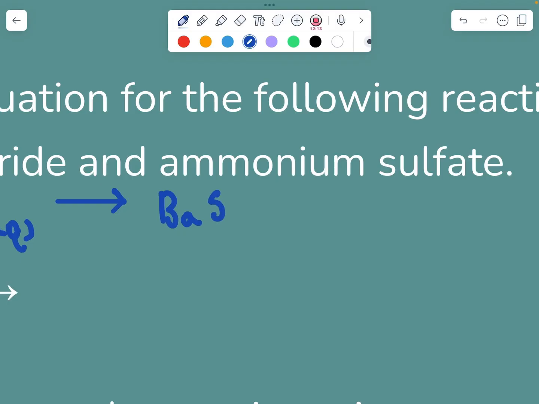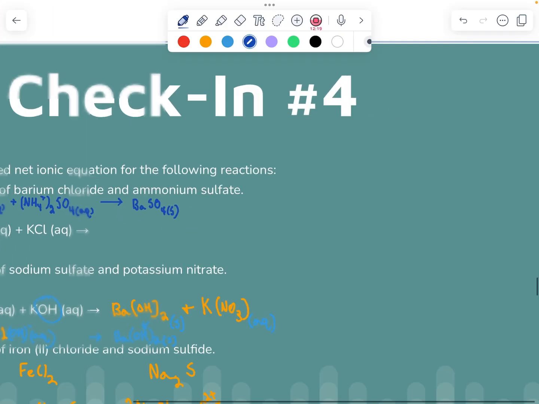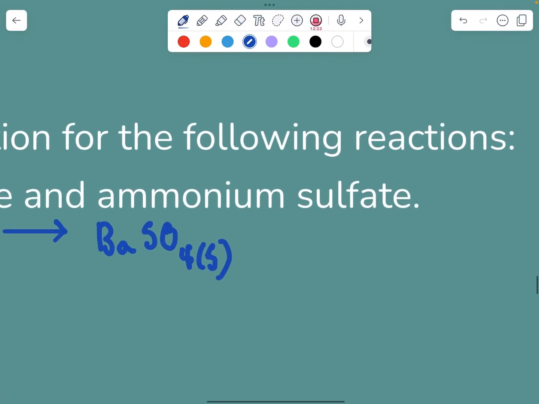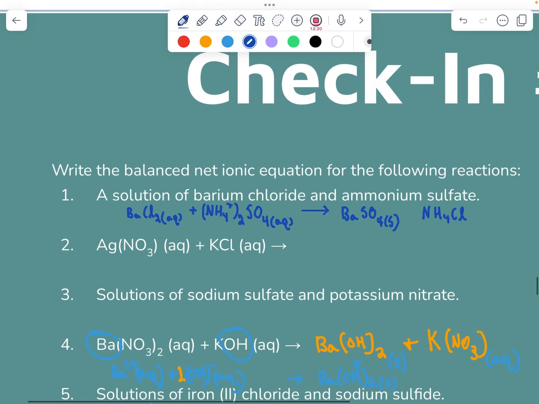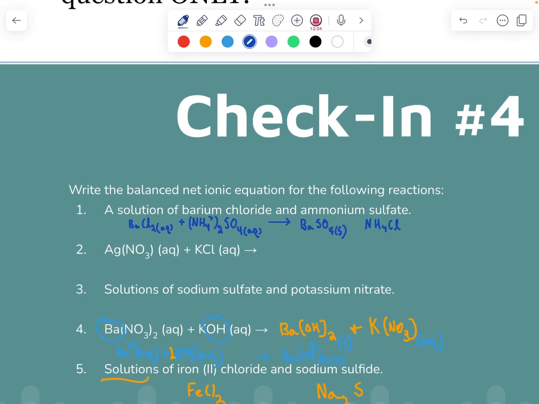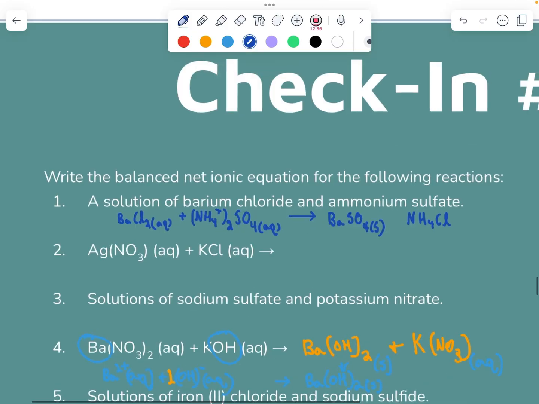That's going to be our solid that forms because we know that both of these are not soluble. And then we have NH4Cl. And we can balance this, we can say this is 2 here, and then we're good to go.